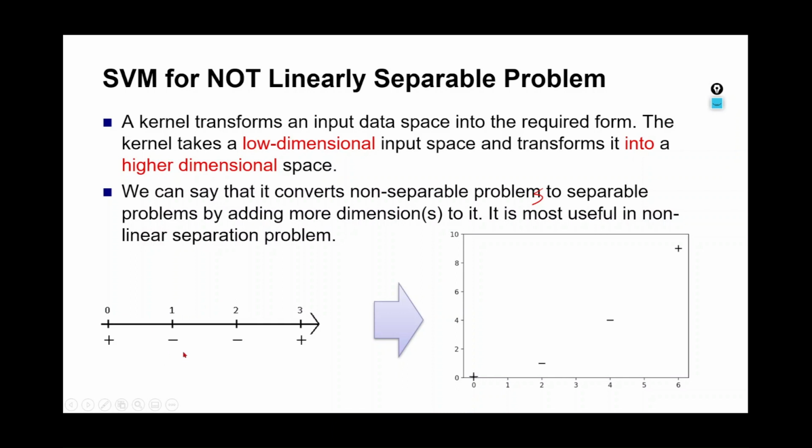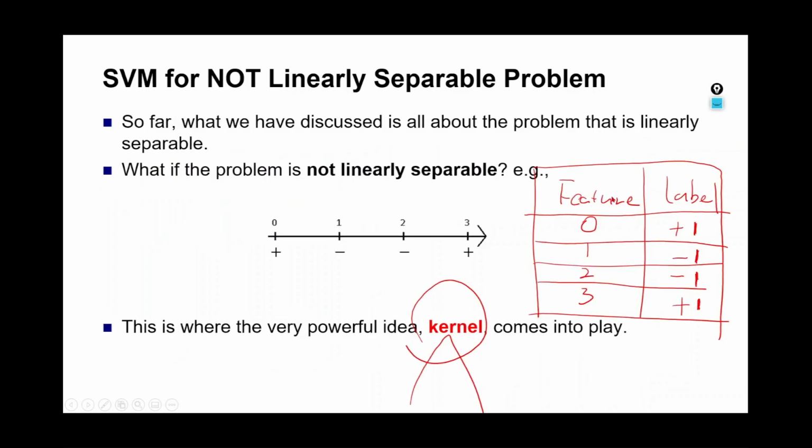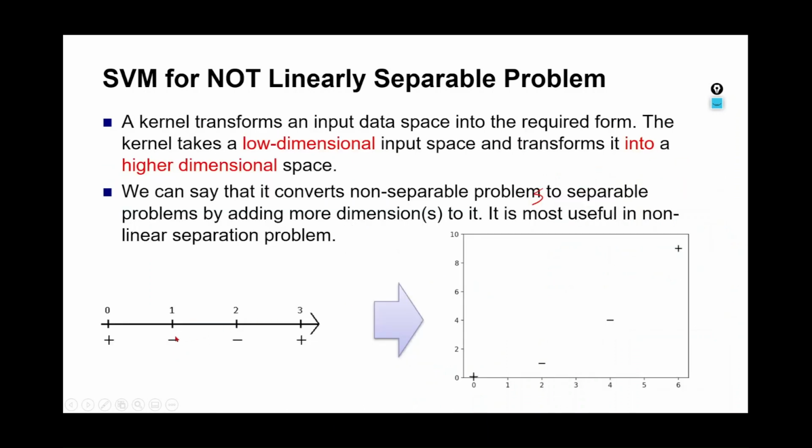For example, this is again the same data set we have seen from the previous slides. This is a simple feature label table in 1D, one-dimensional space. And clearly for this case, we cannot draw a line to separate these two classes. So what if we somehow increase the dimensions from 1D to two-dimensional, 2D?